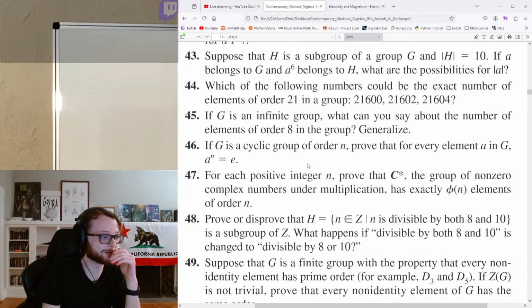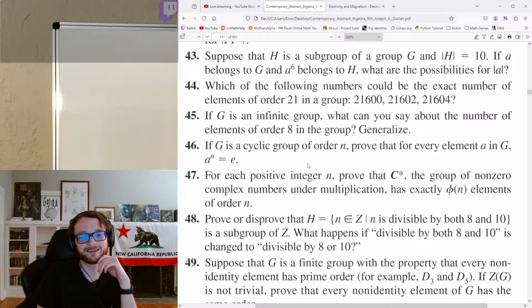I ask myself that a lot. What's the point this question is asking? I thought I had the idea where you can make these order n elements with purely imaginary or purely real numbers, but you really can't, as far as I can tell. Those are just going to be infinite order.